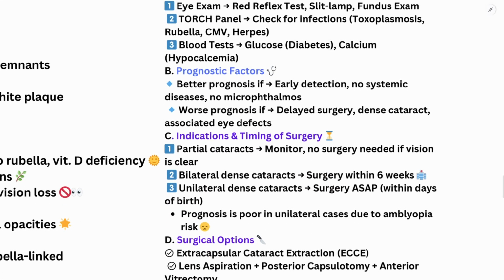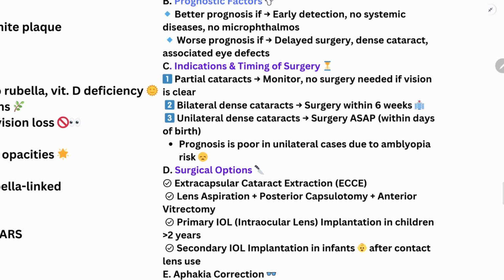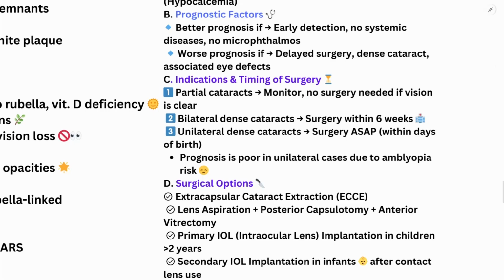So what are the prognostic factors here? Before that, let us discuss about treatment. So what are the indications and timing of treatment? In case of partial cataract, you will go for monitoring, and if the vision is clear, there is no use of doing surgery.